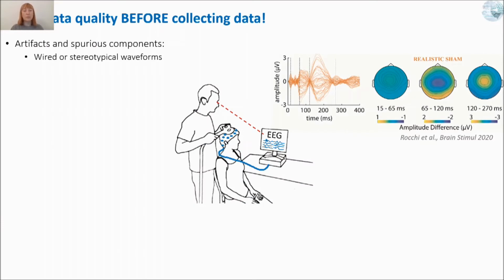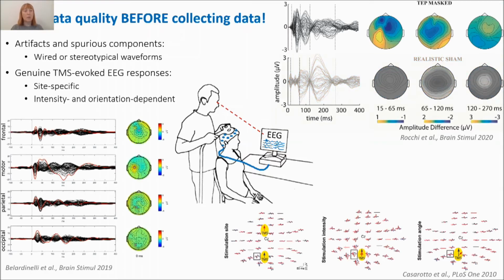So to conclude, what is the take-home message of this rather educational and I hope not too boring talk? First, artifacts and spurious components have a weird or stereotypical waveform. Conversely, genuine TMS-evoked EEG responses are site-specific as well as intensity and orientation dependent.